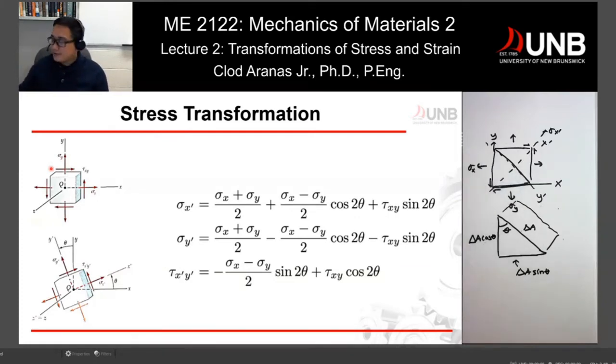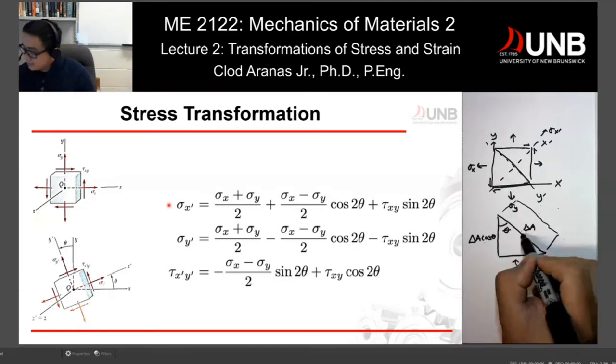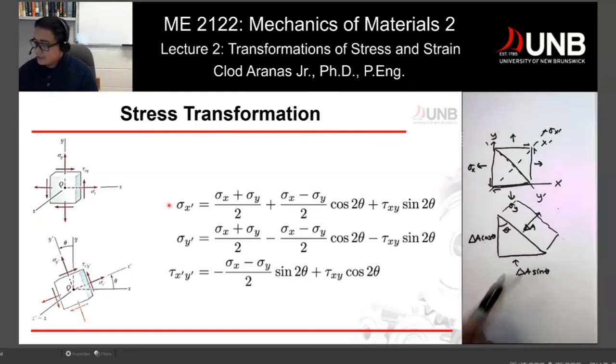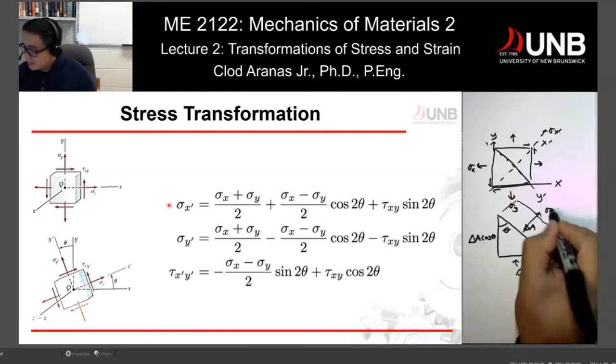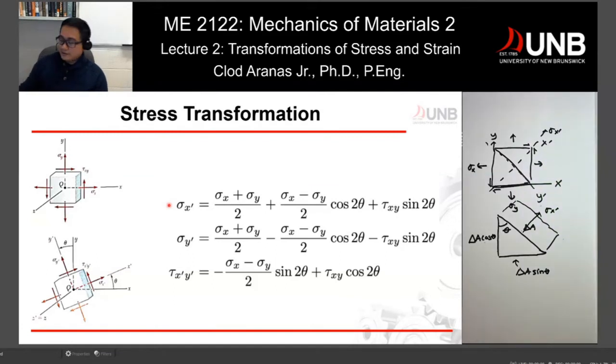Because you want to determine what would be the normal stress acting on that specific plane, because we want to determine our sigma x prime right here. Now, by having our area, and this theta, and knowing that it's a rotated axis, whatever is being applied on this area right here would be your sigma x prime. So that would be your rotated stress.